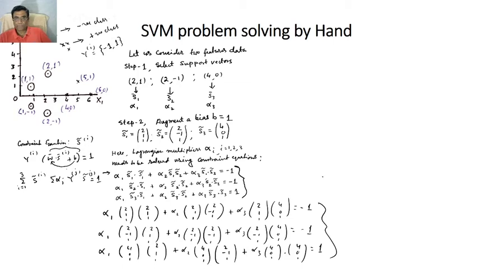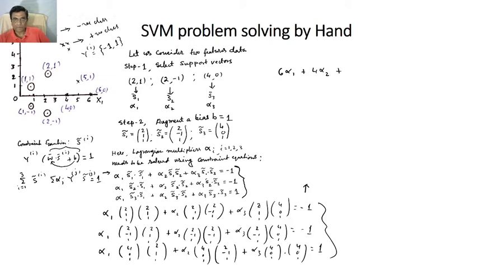So this actually gives you simultaneous equations. You just calculate the dot products: 2 times 2 is 4, plus 1 is 5, plus 1 is 6, so 6 alpha 1. Then 2 times 4 minus 1 plus 1 is 4, so 4 alpha 2.